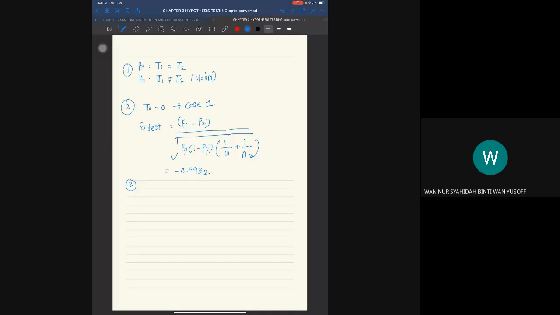Yes, okay. Step 3 is to find the critical value. So, the type of hypothesis: two-tail or one-tail? Two-tail. What happened to the alpha?